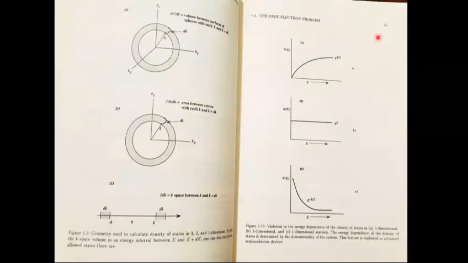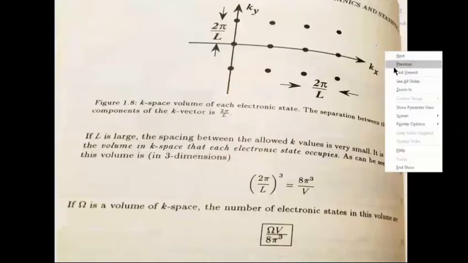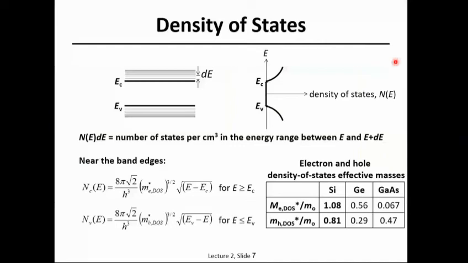So this is the density of states of free electrons. From this derivation, we can take this equation and go back to the previous one. Look at this equation, it's exactly the same.